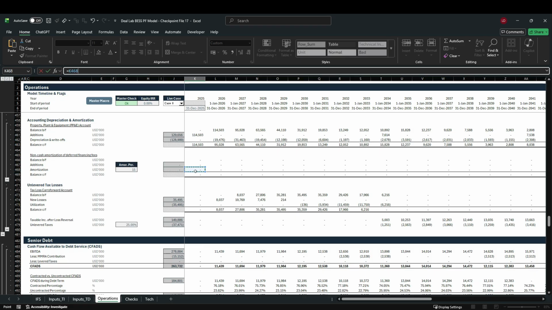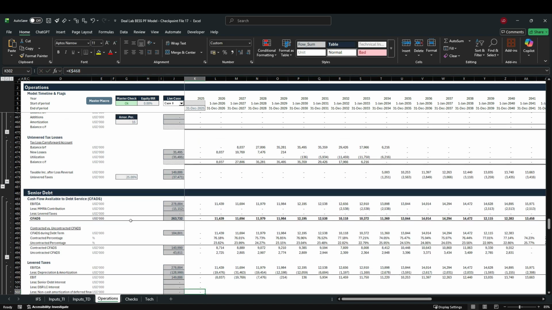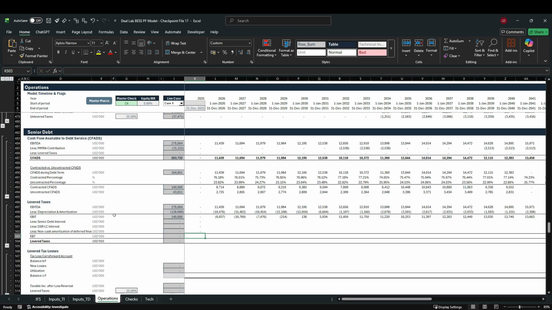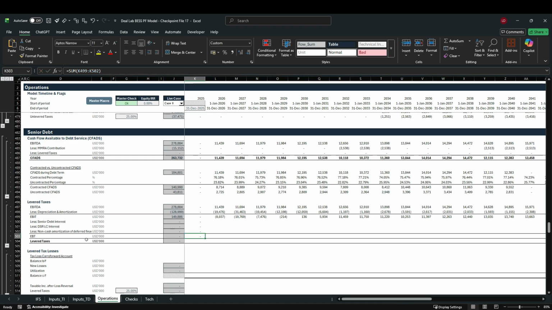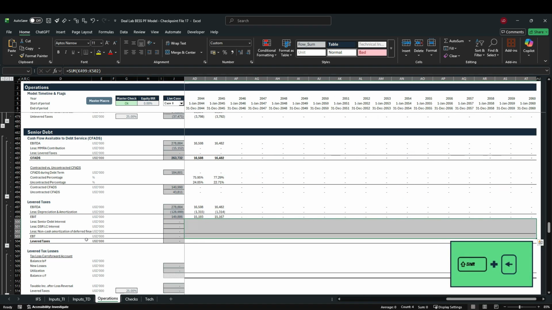So let's make sure that we just pick it up without flipping the sign. Hit F4 2 times and let's hit enter. And then the sum of our earnings before interest and tax plus all the negative interest deductions will equal our earnings before tax, or our taxable income. So let's drag this over, Control R.